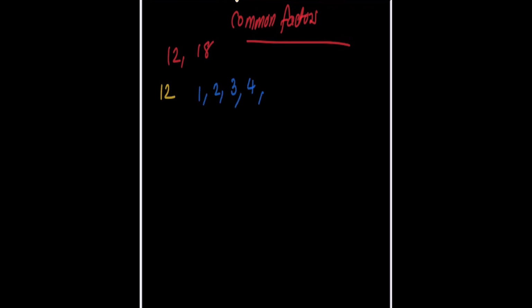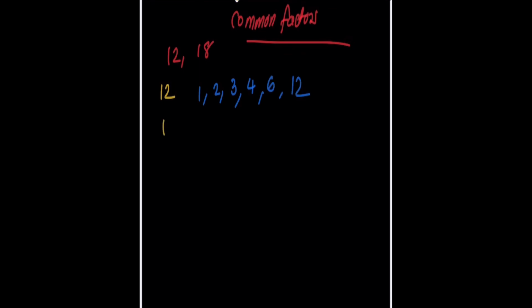Let's see how to find common factors. Common factors are factors common to two numbers. Find out the common factors of 12 and 18. First, write the factors of 12. As per the above method, the factors of 12 are 1, 2, 3, 4, 6 and 12.